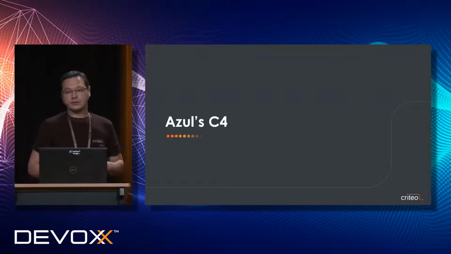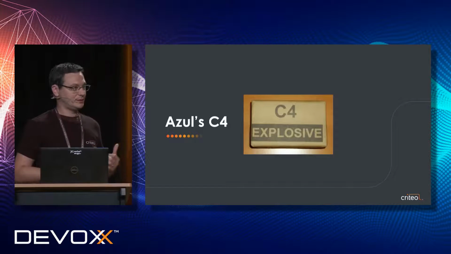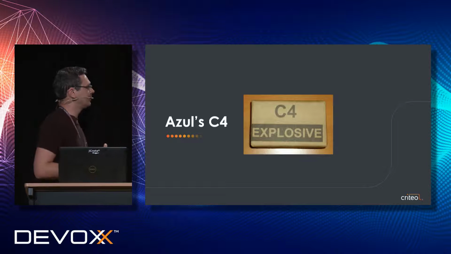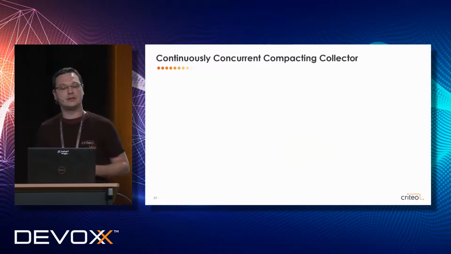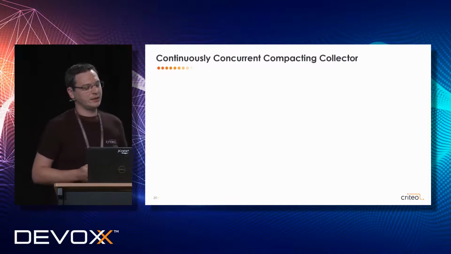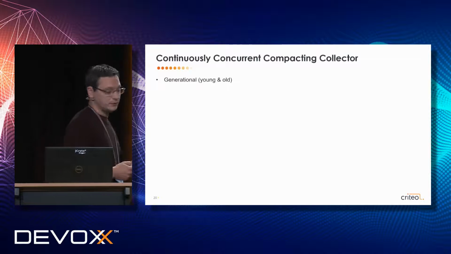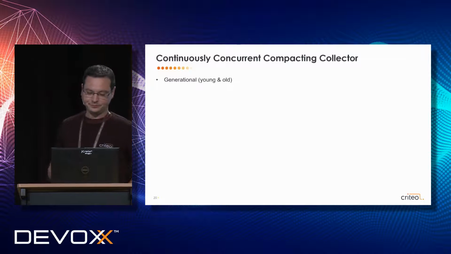Now Azul C4. C4 for me is like this because my father was in the army. But C4 stands for Continuously Concurrent Compacting Collector. It's a generational algorithm with young and old, like you are used to.